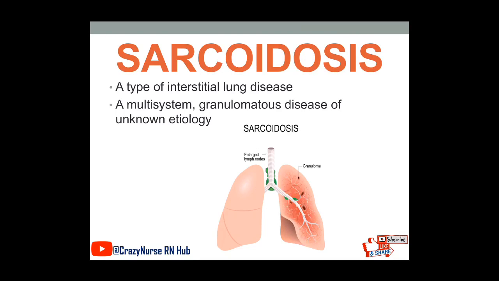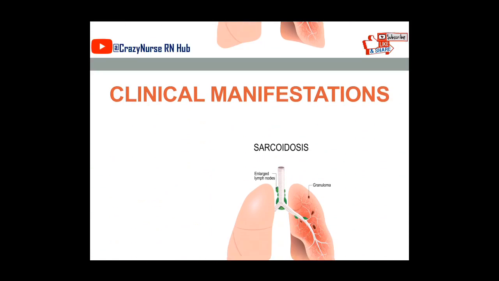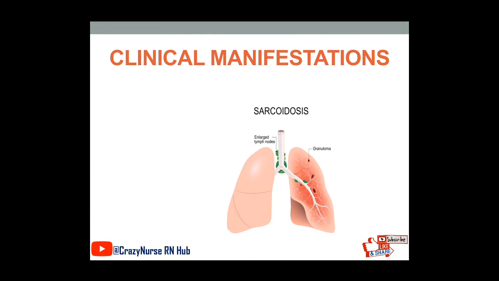The hypersensitivity response and inflammation results in the formation of non-caseating granulomas, which are non-infectious organized collections of macrophages that appear as a nodule. So for the clinical manifestation, the signs and symptoms are insidious and they lack prominent clinical features.